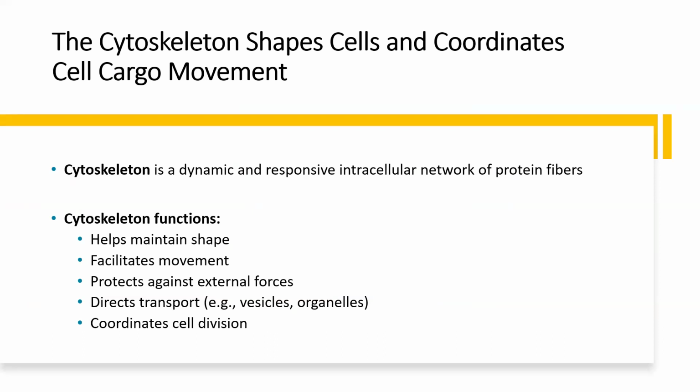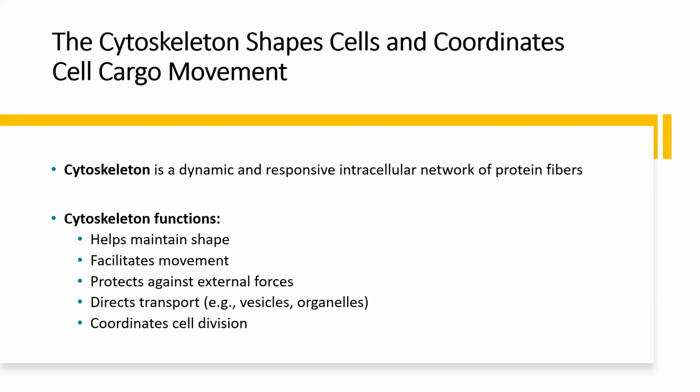They move things from different places in the cell, and they help protect the cell from external forces. So this is exceptionally important when you think about eukaryotic cells that don't have a cell wall. They need something that protects them from those shear forces, those osmotic forces. The cytoskeleton can help with that.